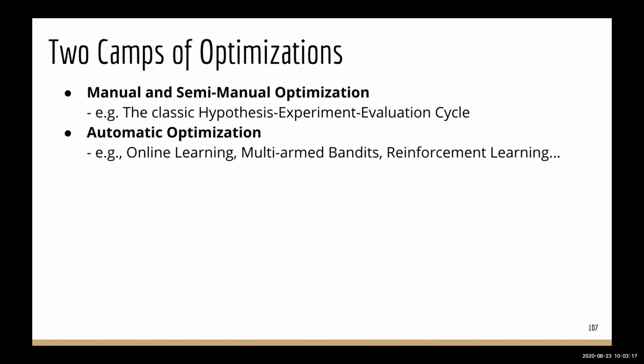So, as I mentioned, there are two basic camps when we think about how we do optimizations. The first one is what I call the manual and semi-manual optimization. This is really about utilizing various forms of experiments, like online controlled experiments, sometimes we call it A/B testing.